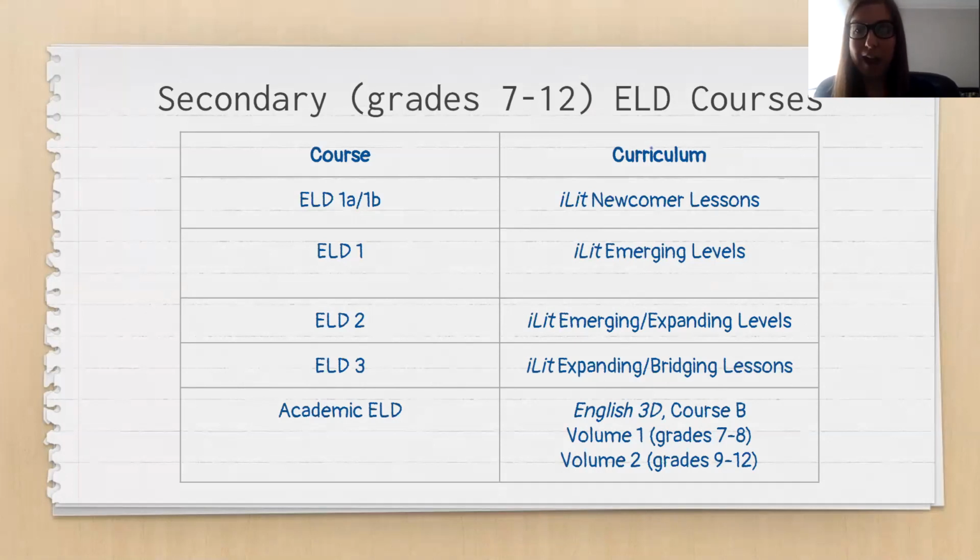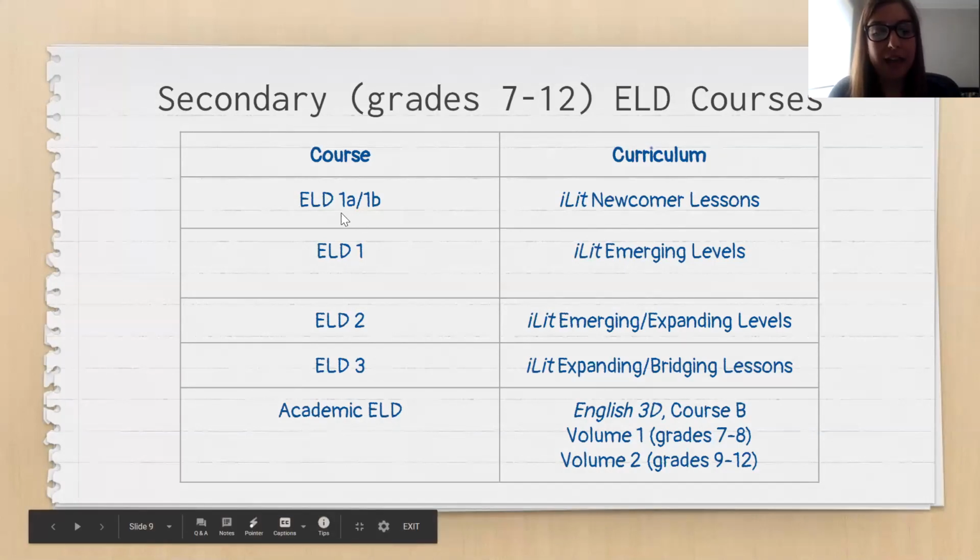If you have a child in Twin Rivers who is in 7th, 8th, 9th, 10th, 11th, or 12th grade, these are ELD courses your child may be enrolled in. Once the district has an updated ELPAC score from your child, the district determines placement.